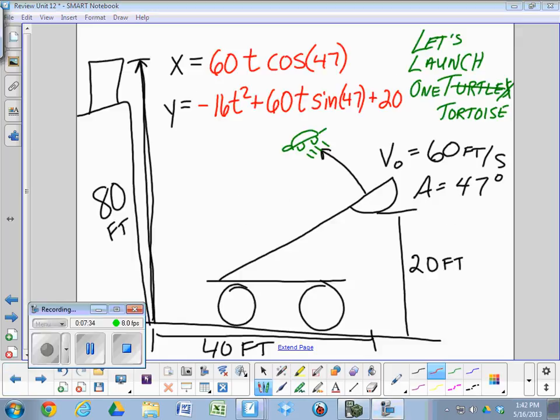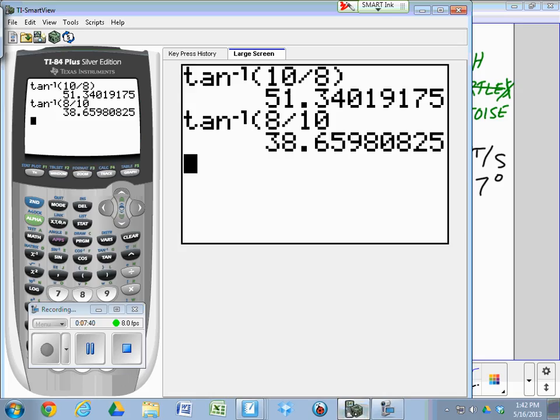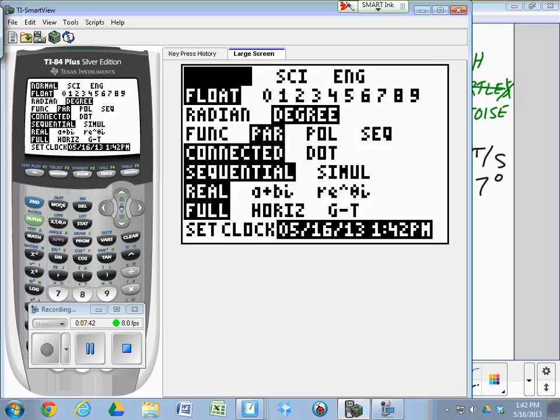The formulas that you should have come up with. It's time to put those formulas in.